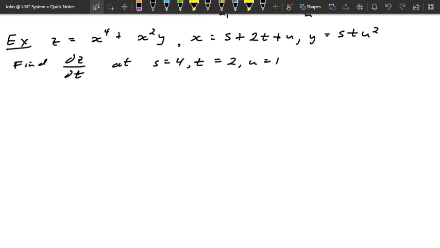Okay, so let's write down what is del z del t in terms of its general formula. There's two variables, right? z is a function of x and y. So it's going to be del z del x times del x del t, plus del z del y times del y del t.